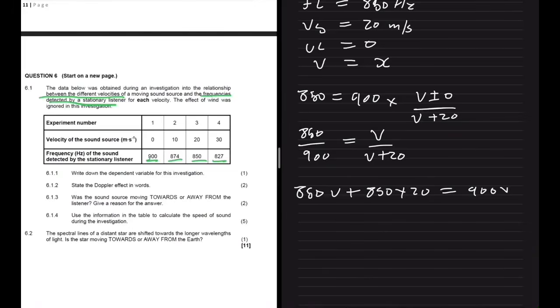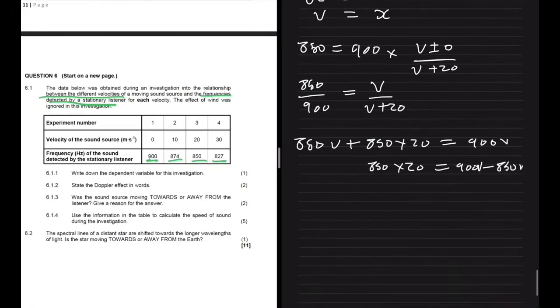Let's take the 850v to the other side: 850 multiplied by 20 equals 900v minus 850v, which is just 50v.